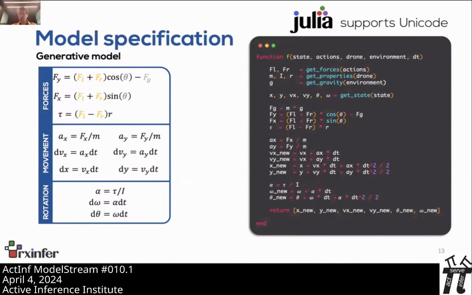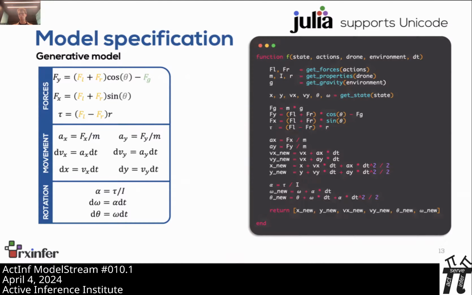Then next up, based on these forces, we can compute the accelerations in the x and y direction. So Fx divided by m will give us the horizontal acceleration, or Fy divided by m for the vertical acceleration. We're going to take a very crude Euler approximation. So we're going to do a linearization in order to actually create a new velocity.